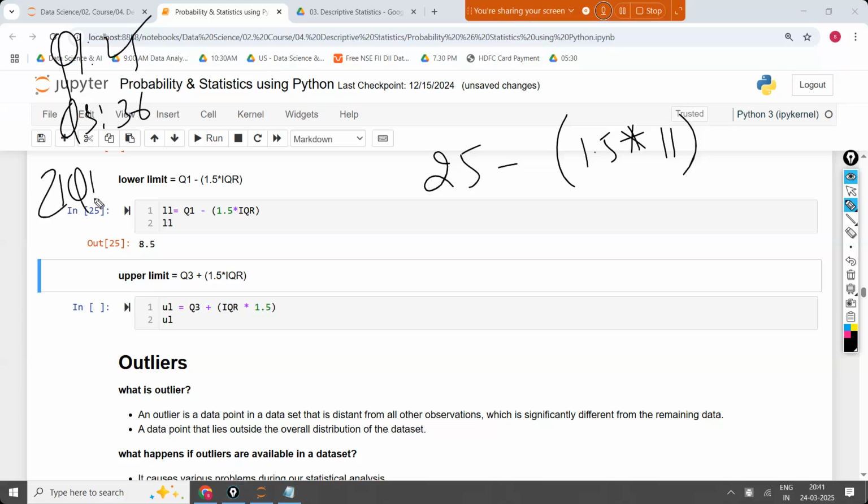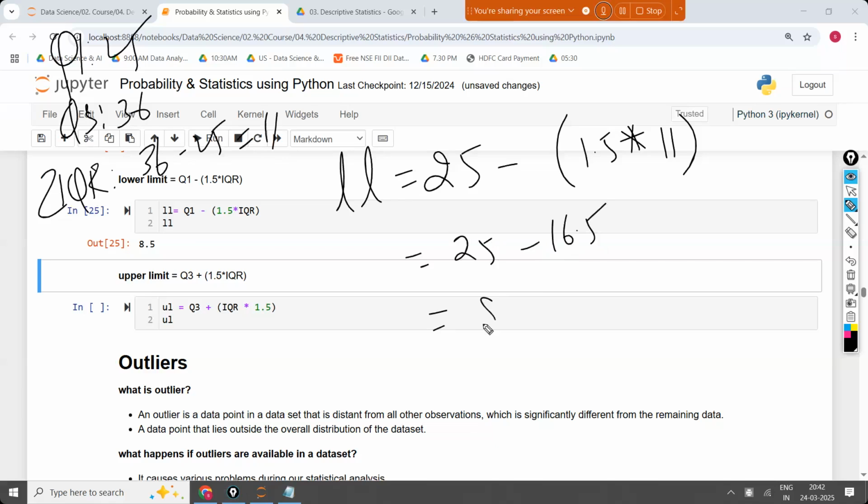IQR is Q3 minus Q1, 36 minus 25, which is 11. Now for this data set, the lower limit is 25 minus 1.5 into 11, that is 25 minus 16.5, which is 8.5. Is that clear how you got 8.5?